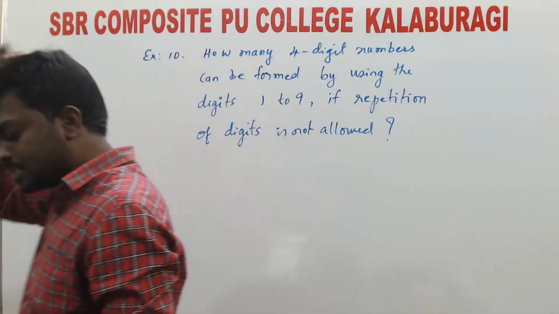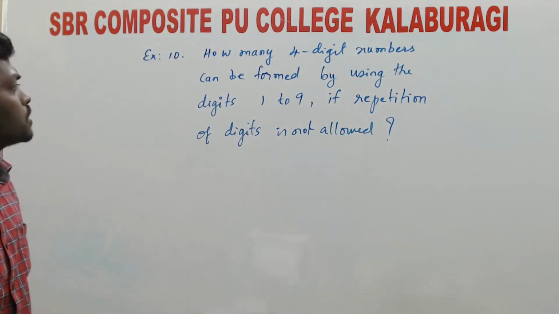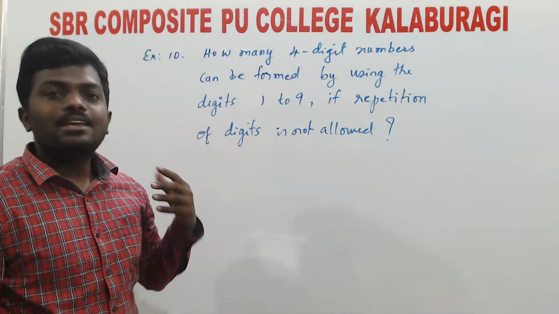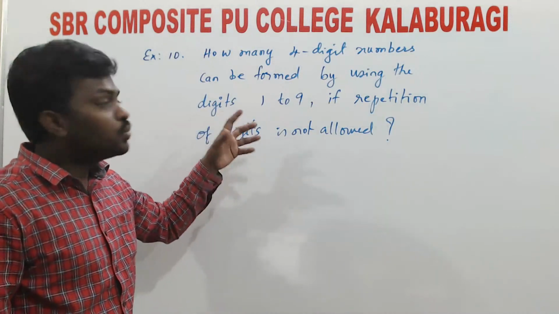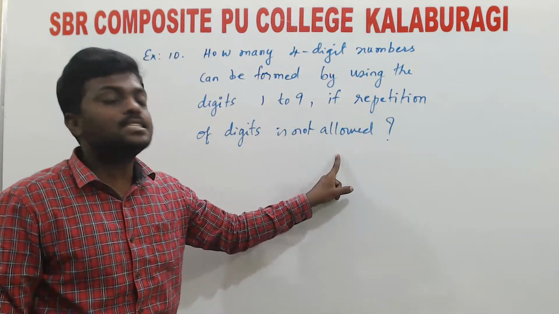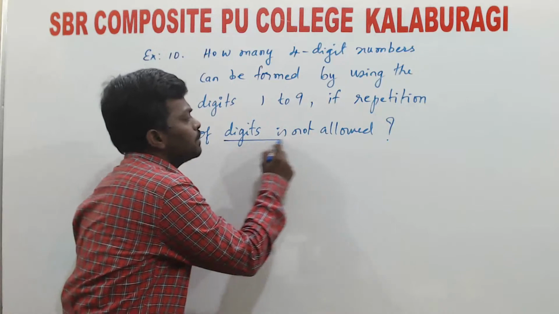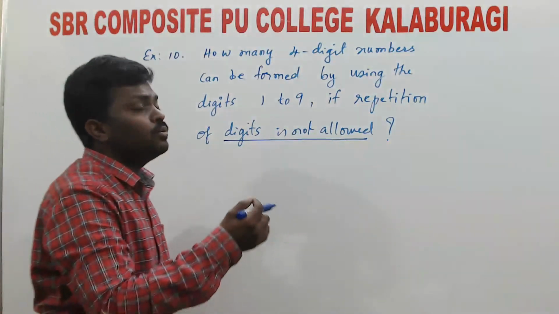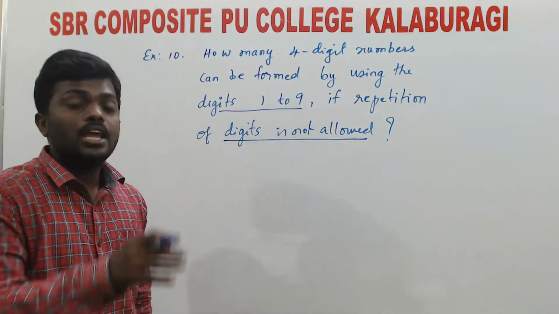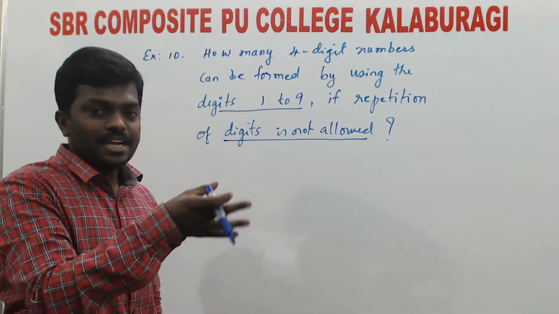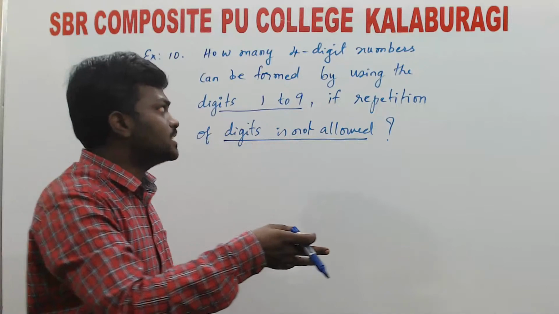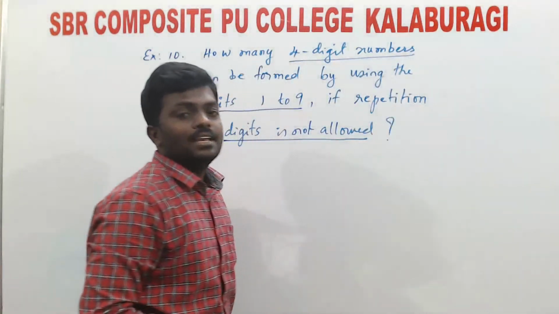So what is the question? Example 10: how many four-digit numbers can be formed using the digits from 1 to 9, if repetition of digits is not allowed? The digits are 1 to 9 only, that is 1 2 3 4 5 6 7 8 9. So using these digits you have to form a four-digit number.